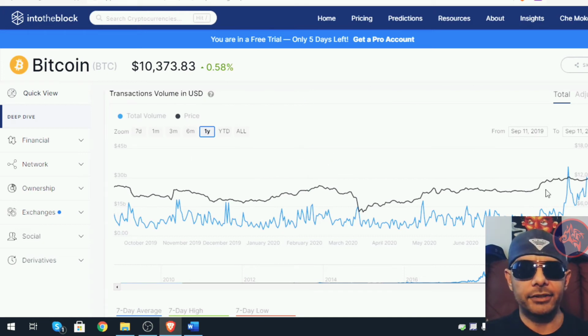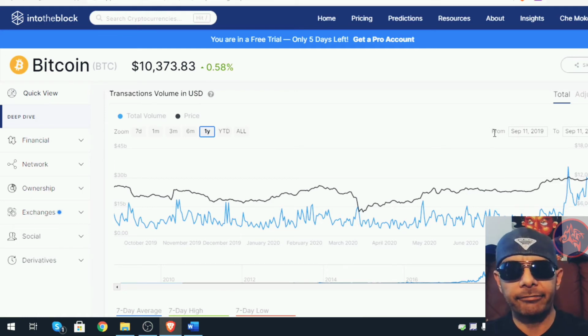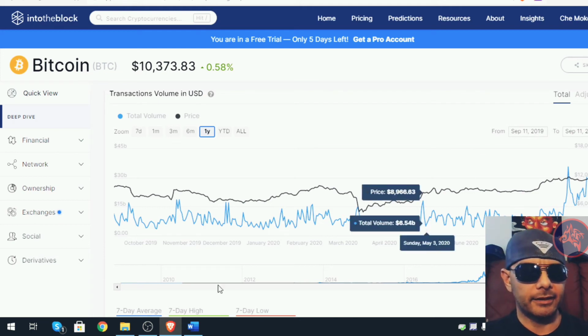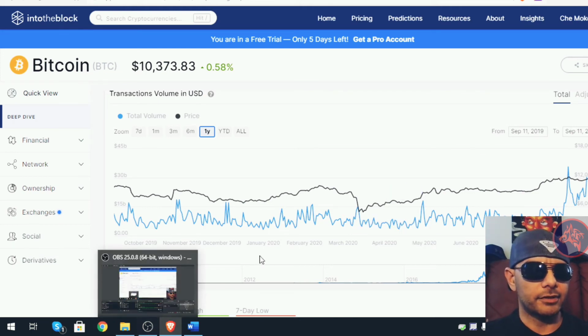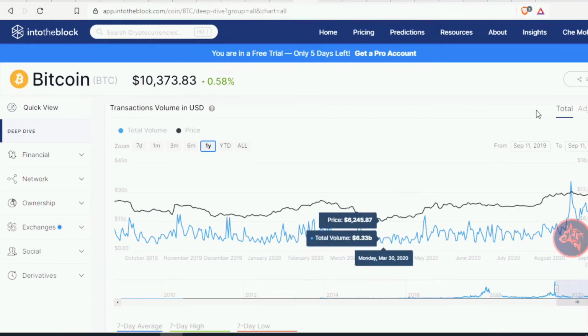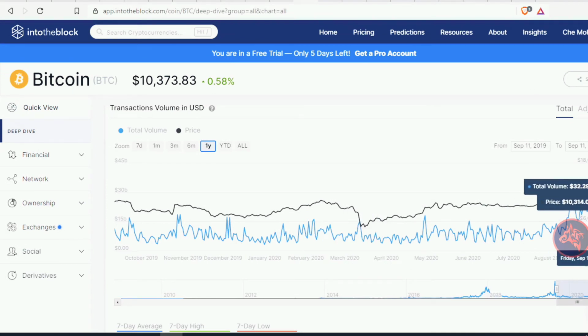So right now, as you can see on here, it's constantly loading up. The transaction volume in USD is, let me get my head out of the way, and maybe you guys can actually see everything that's going on. There we go. As you can see, it's at 32.29 billion with the total volume, and it's starting to go kind of down right now.